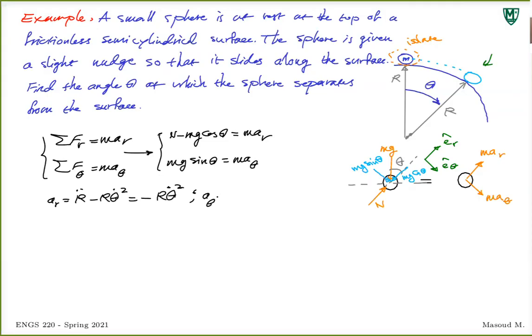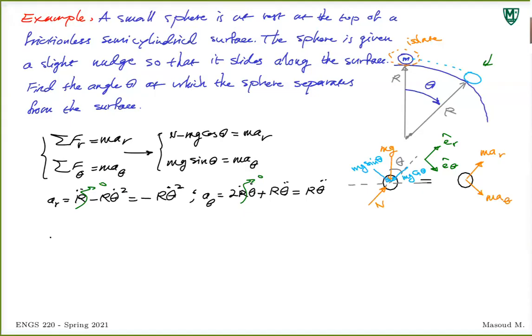Then we have a_theta, which is 2 r dot theta dot plus r theta double dot, I think, right? Now, same logic, r is not changing, so r dot is 0. This becomes r theta double dot.